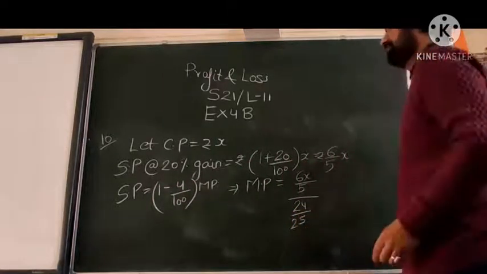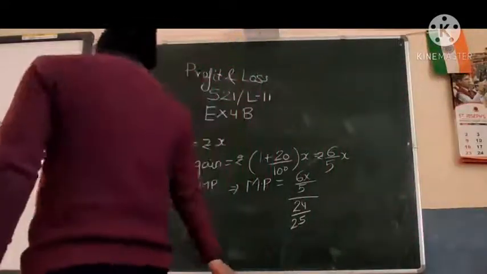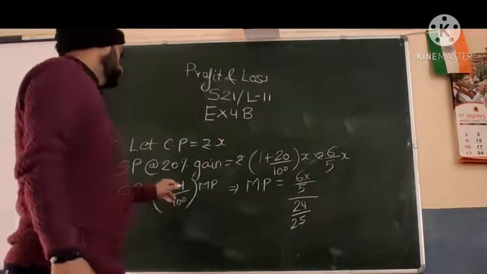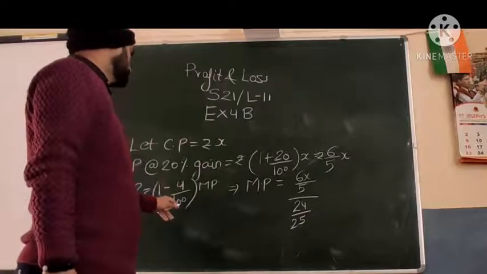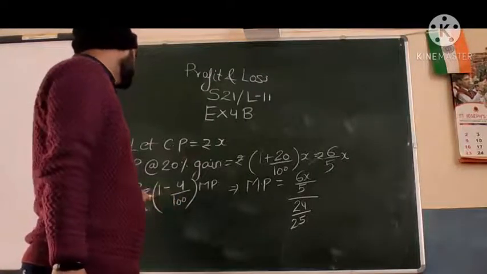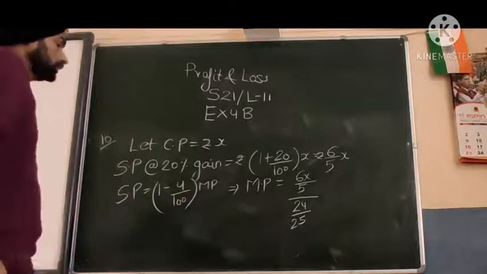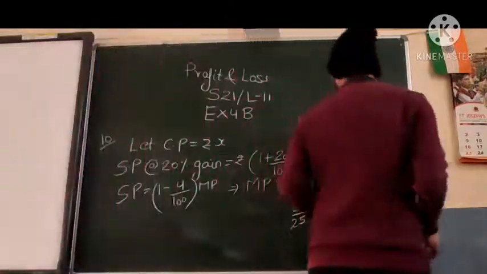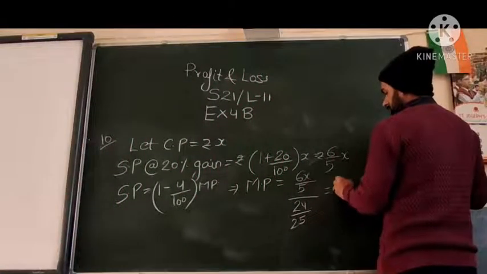Yes or no? 4 by 100 is 1 by 25. 25 minus 1 is 24 by 25. So SP upon 24 by 25. We can further write it in that form.